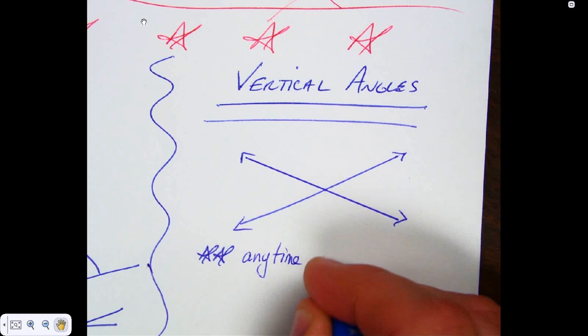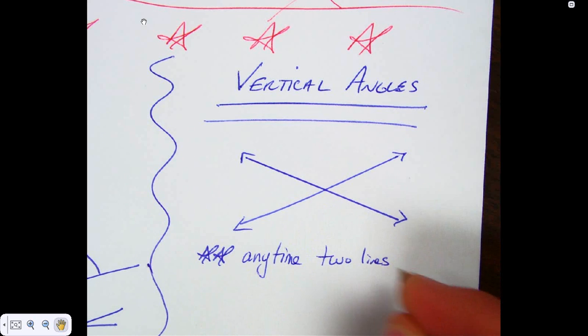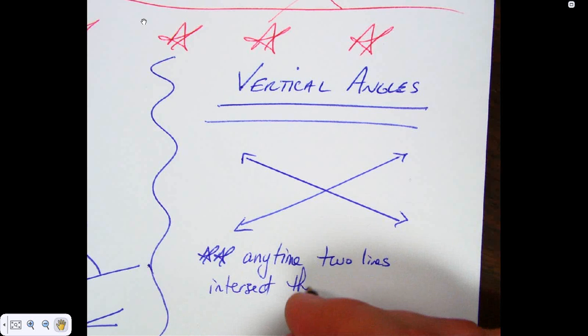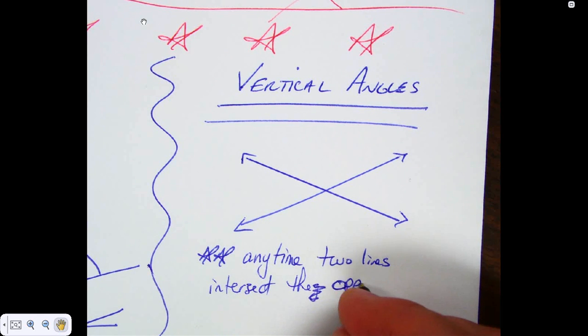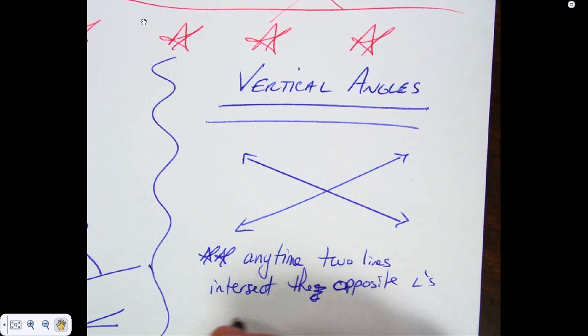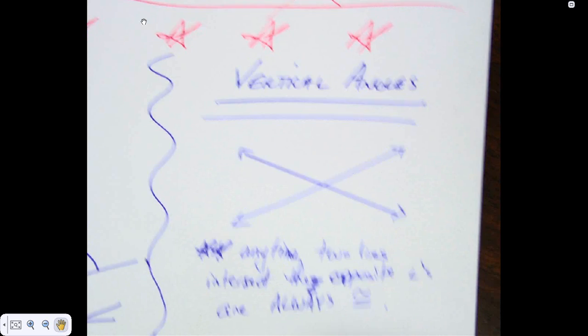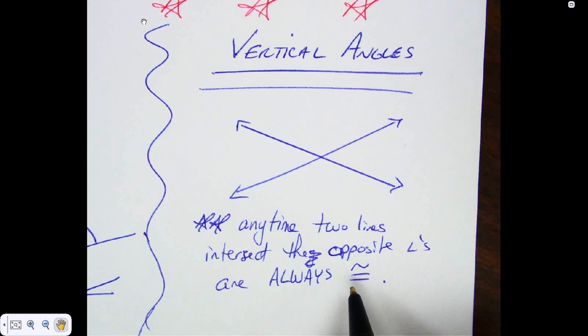Anytime two lines intersect, we'll just say the opposite angles are always, what does that mean? Congruent. These angles are called vertical angles.